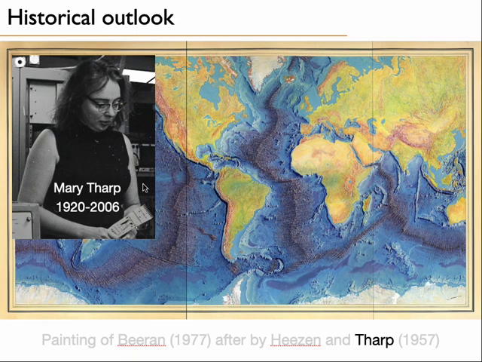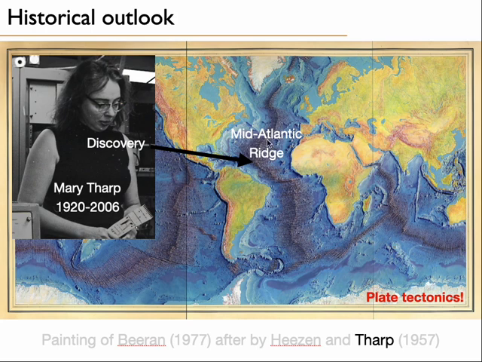She passed away in 2006, and she was an oceanographer and cartographer, and her contribution is essential here because in her work she discovered the mid-Atlantic ridge by mapping out the bathymetry of the ocean floor. And this was a very important discovery because it really helped to push further the plate tectonics theory. You know that the ridges are an essential ingredient of plate tectonics. These are the regions of the divergent motion of plates and generation of oceanic lithosphere.